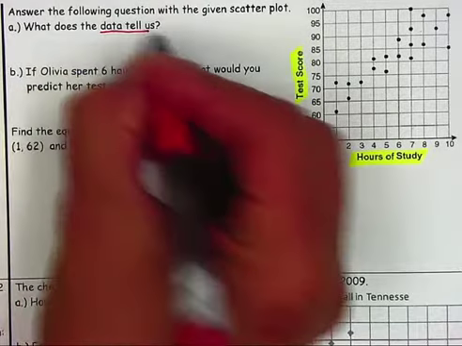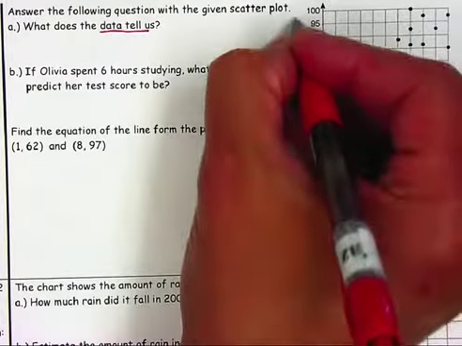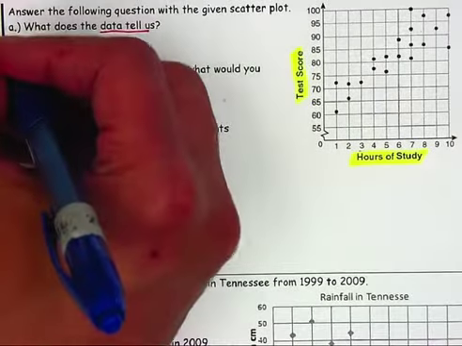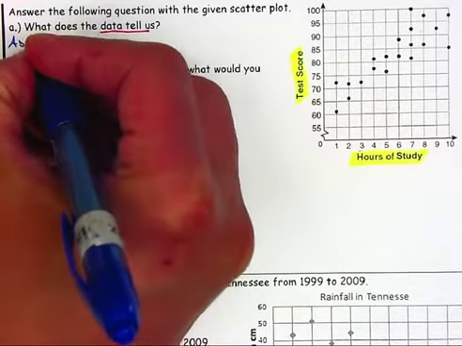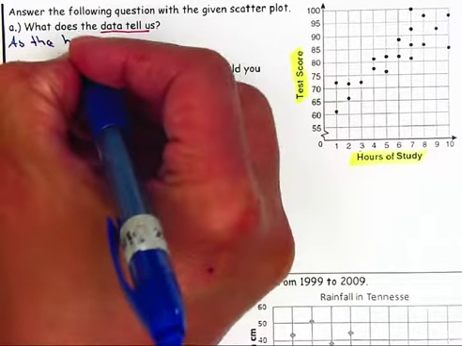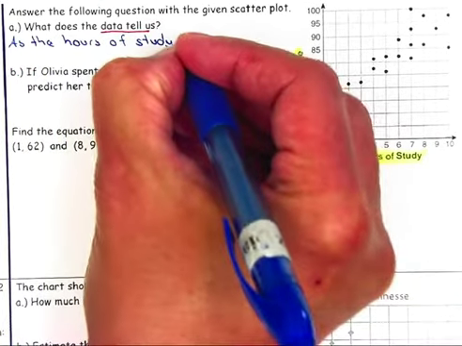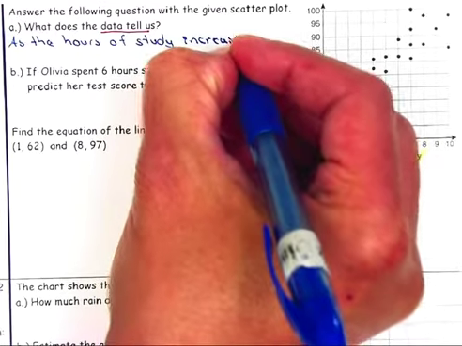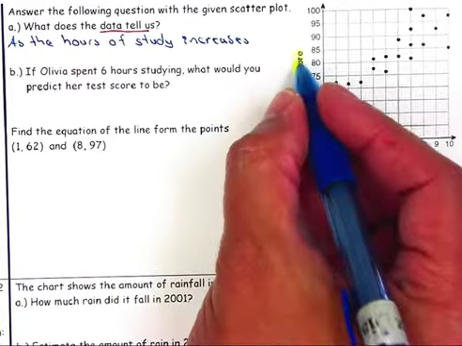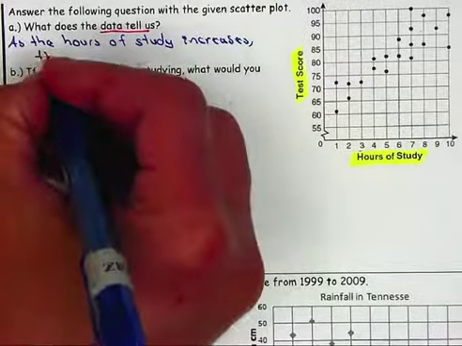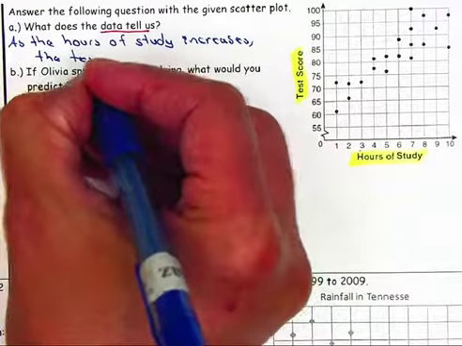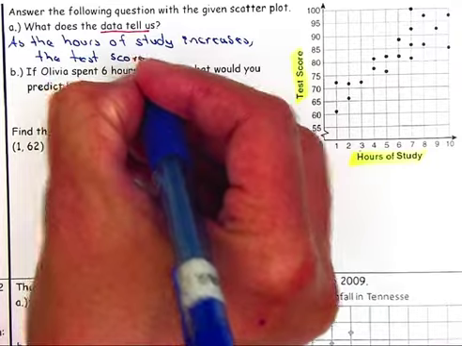What does the data tell us? Remember, whenever they ask you what does the data tell us, we are going to be analyzing your x-axis to your y-axis. So we're going to say, as the number of hours of study increases, the test scores, what happens to the test scores?